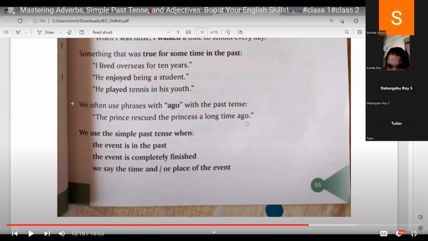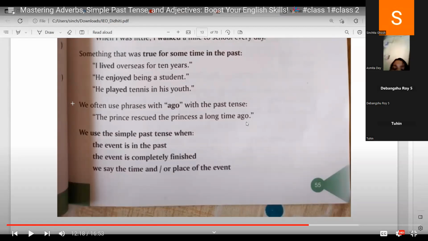The prince rescued the princess a long time ago. Very good, excellent. So what happened? We often use the phrases with ago with past tense. So we use the word ago with past tense to show that the event has already happened.